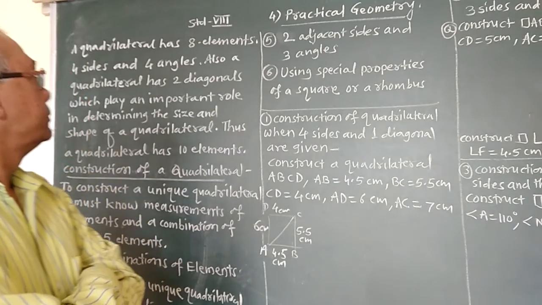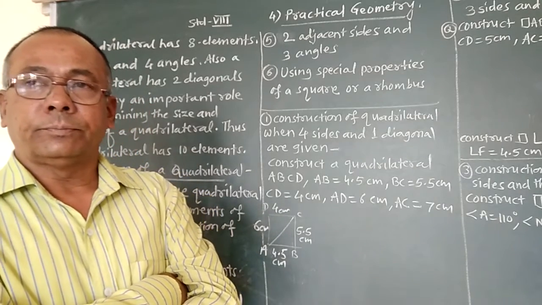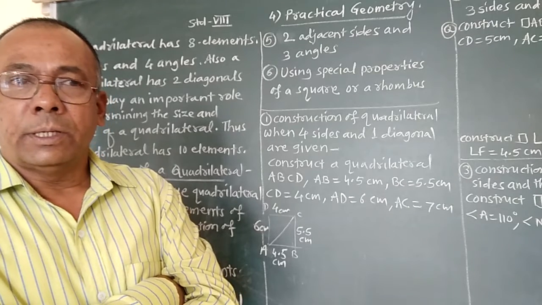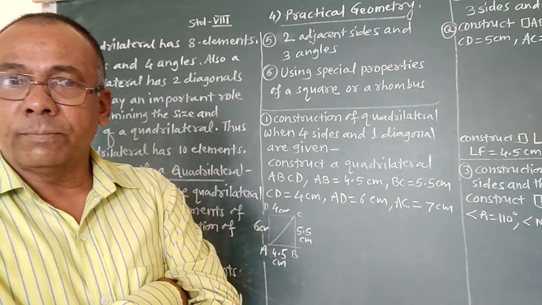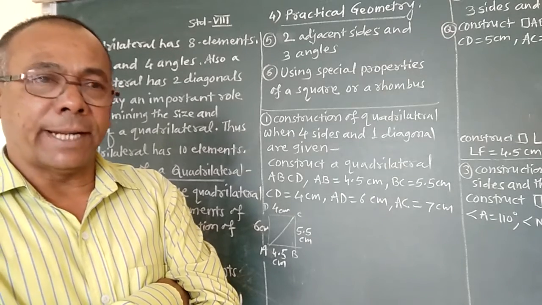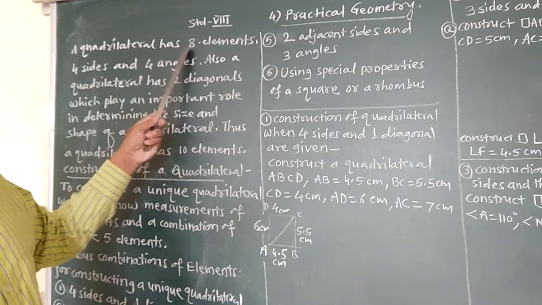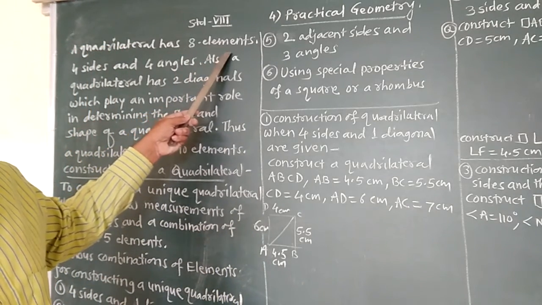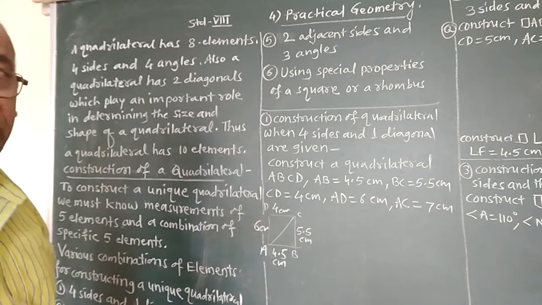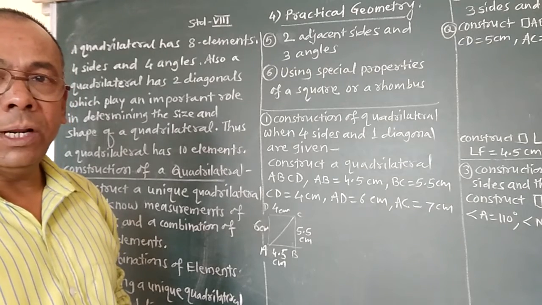Here we know that in a triangle there are three sides and three angles, means there are six parts of a triangle, but a quadrilateral has 8 elements or 8 parts, that is 4 sides and 4 angles.